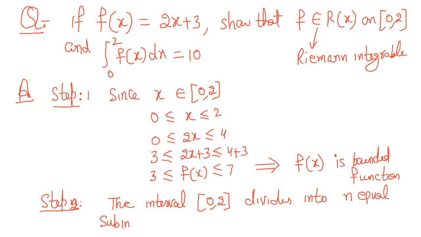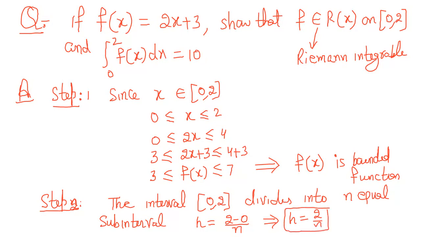Yes or no? Okay. Fine. So how will you divide it into n equal subintervals? What is h? h is (2 minus 0) upon n. So it is your h, that is 2 by n.